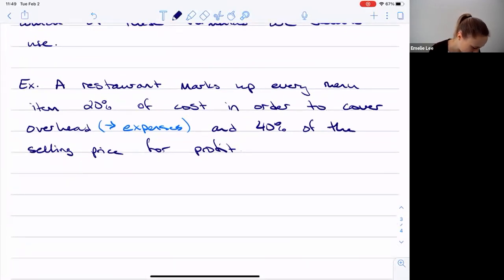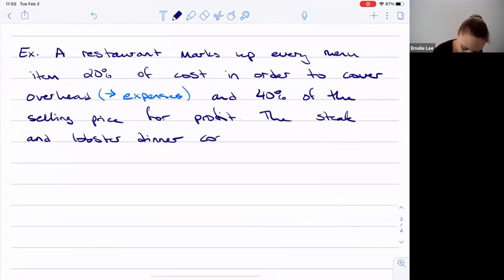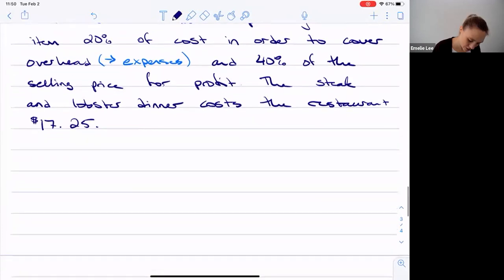The steak and lobster dinner costs the restaurant $17.25. What is the selling price of the dish?